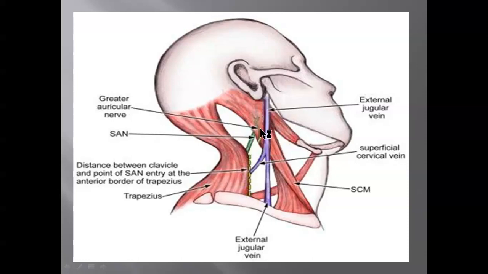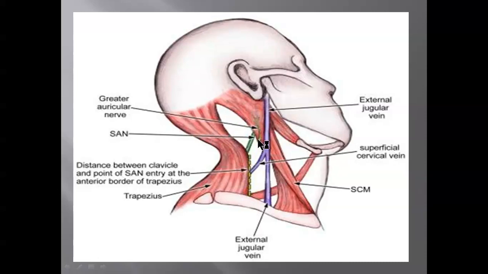Now the accessory nerve passes under your sternocleidomastoid muscle, penetrating it and supplying it, and coming outside on the anterior surface into the posterior triangle. As we can see, we have the posterior triangle here. The boundaries of the posterior triangle are the posterior aspect of your sternocleidomastoid muscle and the anterior surface of your trapezius muscle. These two muscles form the posterior triangle.